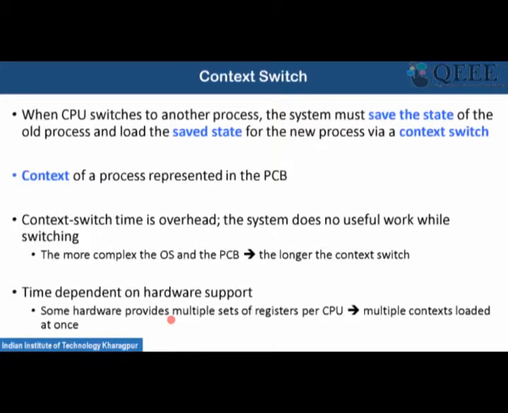So if you have a large number of registers associated with your CPU, you can switch the context very fast. That way the context switching time depends on the hardware support that you have.